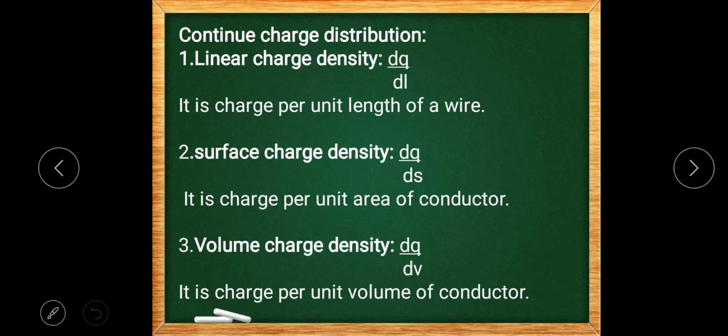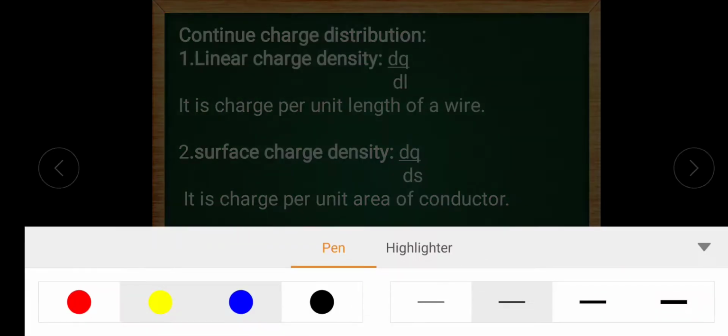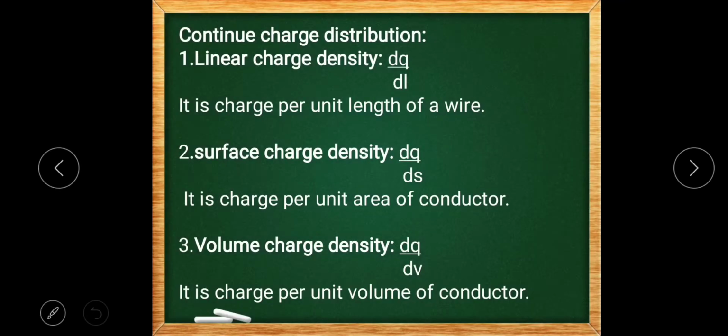Next, a continuous charge distribution. We know that charge can exist only as an integral multiple of the basic unit of charge, that is e. So generally we write Q equal to plus or minus Ne. Hence charge distribution is always discrete.